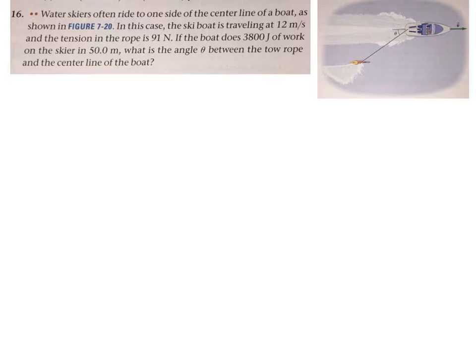So I'm going to draw a little micro sketch here. We have the actual displacement of the object, looking something like that, and we have the tension in the tow rope like that, and they make an angle.